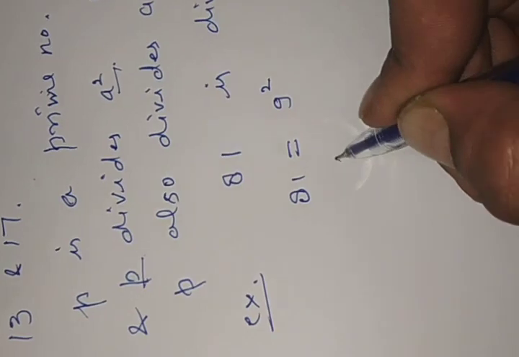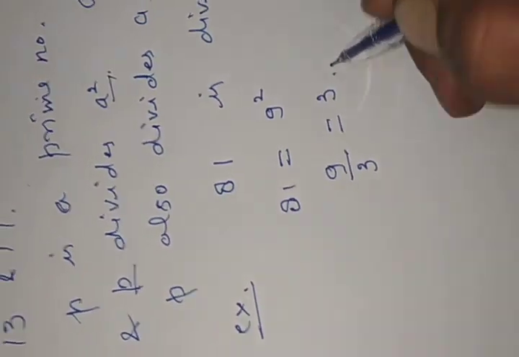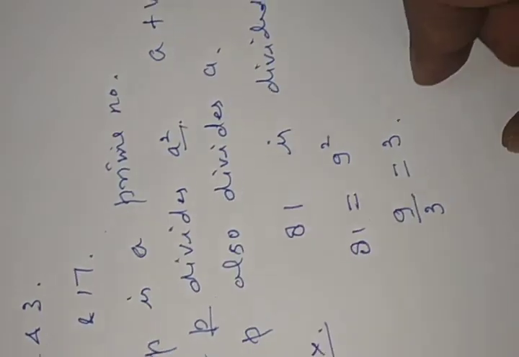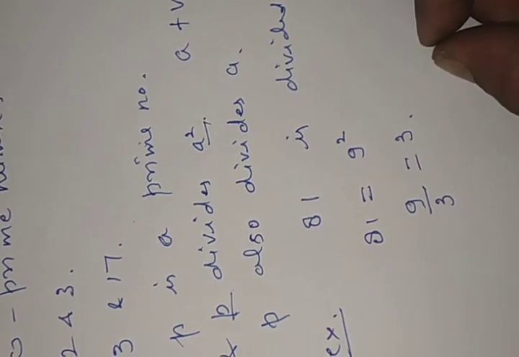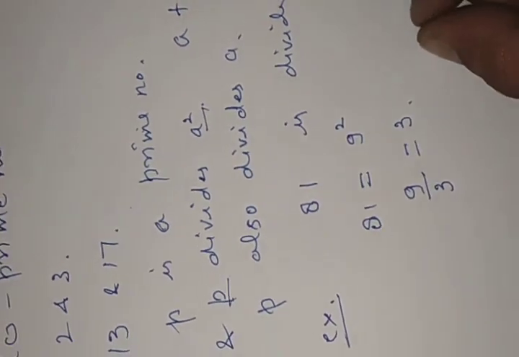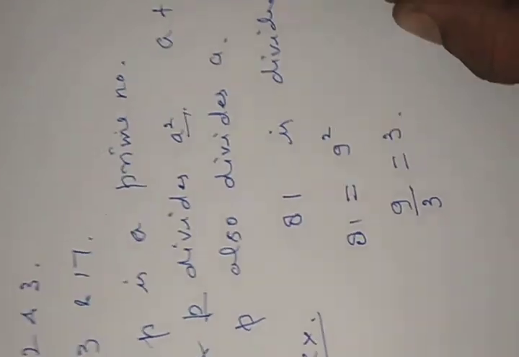Here you can see 9 can be divided by 3 as well. So I think you understand the point that if a prime number divides a square, where a is any positive integer, then P will divide a as well.